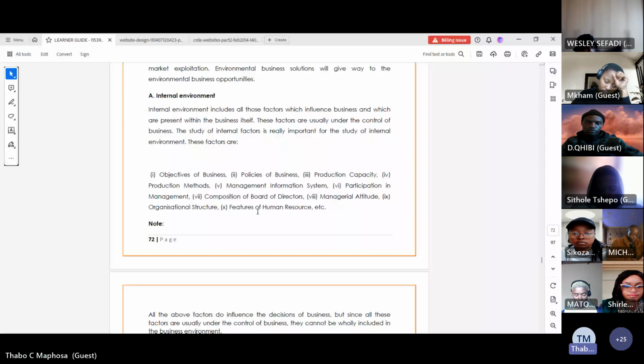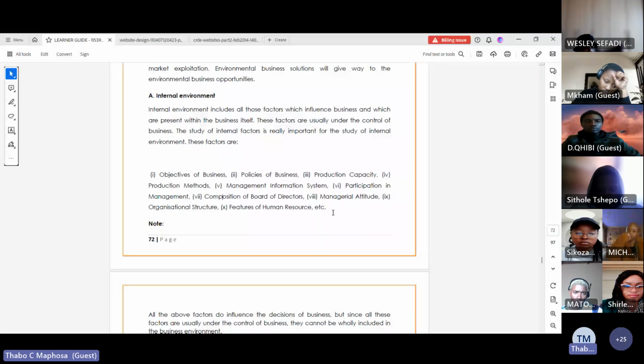If you need to improve your output, or you want to change the products and stuff like that, you can do that. And then the management information system can be changed if it's not working for you. Participation in management also, and the composition of the board: you can always replace the board of directors with other people.